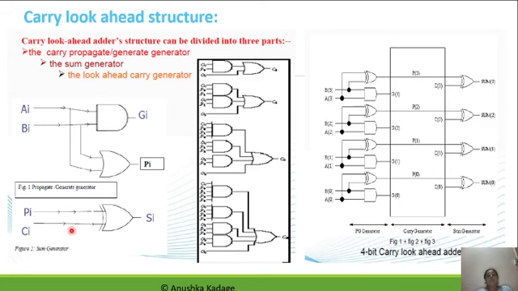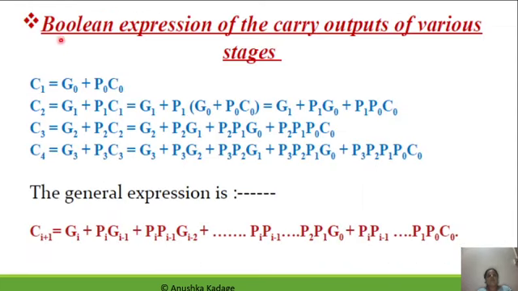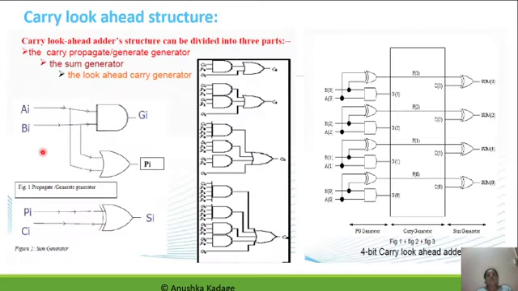from the previous equations that we have written for C1, C2, C3, C4, we have obtained C0, C1, C2 and C3. And finally, for the sum output, we have used Pi and Ci. So let's check for the sum of A0 and B0.